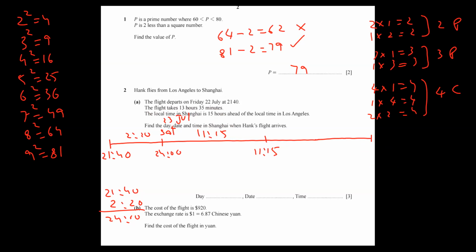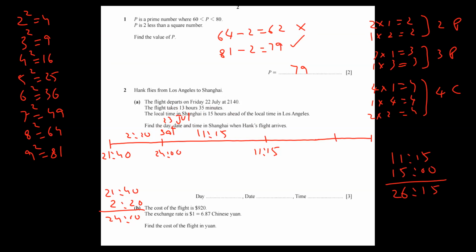Currently it is the same day, Saturday, 23rd July. As we add 15 hours to 11:15, this becomes 26. And all of you know it means 26.